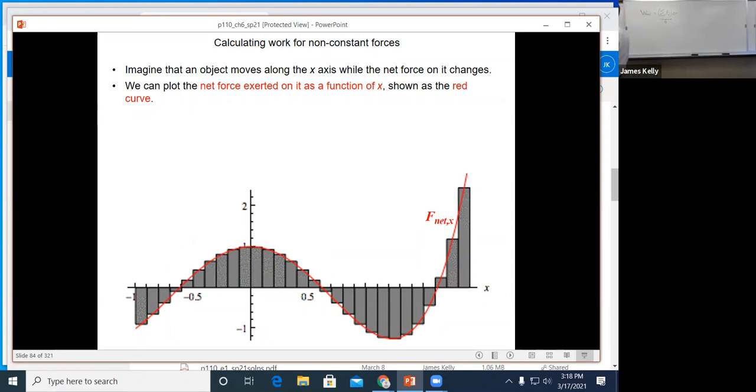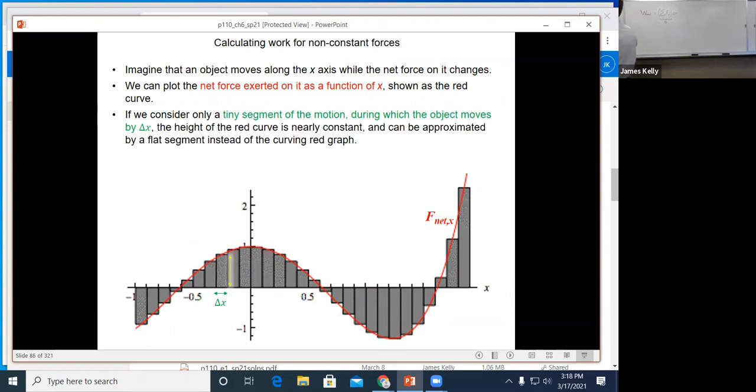So the force is certainly not constant, but we could just consider a very tiny bit of the motion that's shown in green here, just a tiny step forward as it moves through from a small initial to final position there, and calculate the work that's done. Well, notice if it moves through a small little position delta x, the height of the curve is the force there.